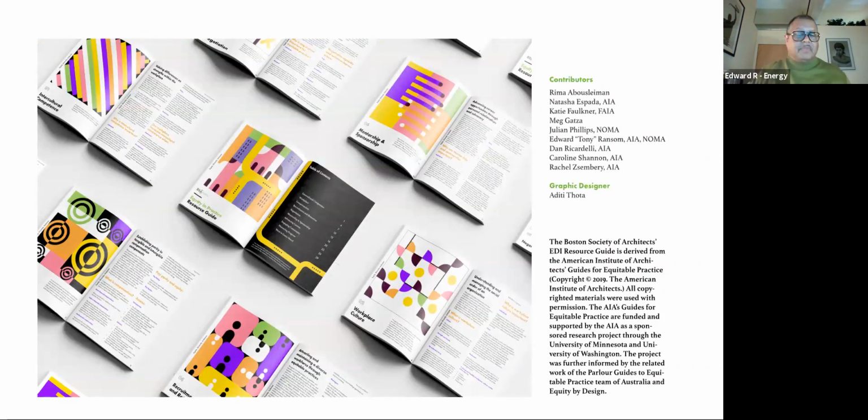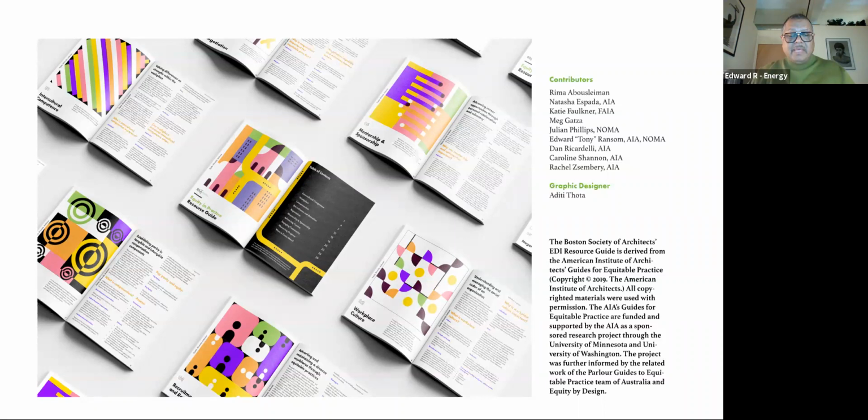In August, the BSA published a companion resource guide to the AIA's Comprehensive Guide for Equitable Practice. The BSA's Equity in Practice Resource Guide consists of summaries and excerpts from the AIA Guide, and we heard many times over that one of the biggest hurdles to overcome was knowing where to start.